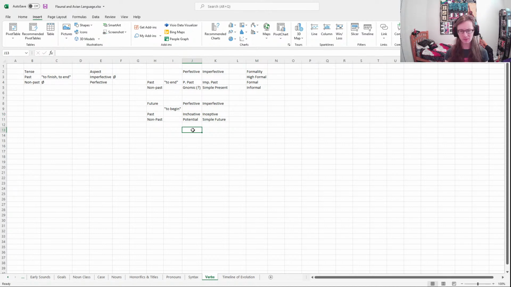Does this work? I'm not sure, but this is something I need to think about, how this actually works. Because these still retain their past tense meaning, which is actually fine with aspectual distinctions.